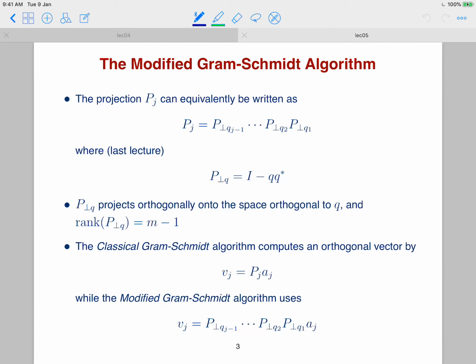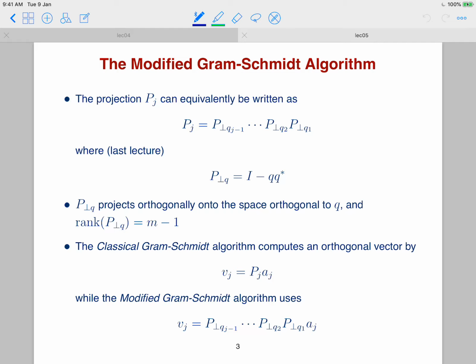Okay, and then using this notion of the projector, we actually can think of this alternative, slightly different form of the Gram-Schmidt process.